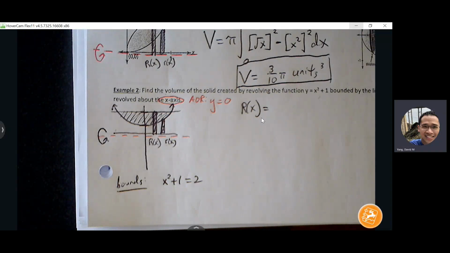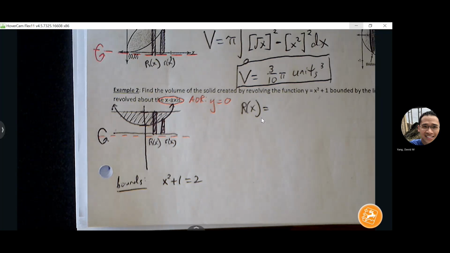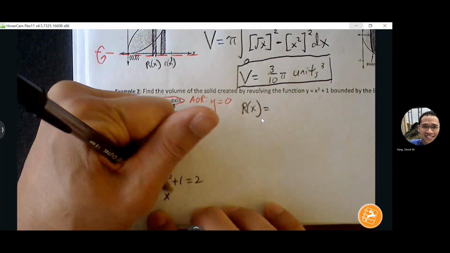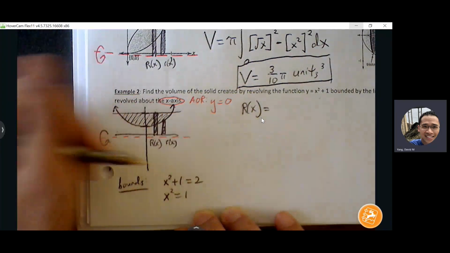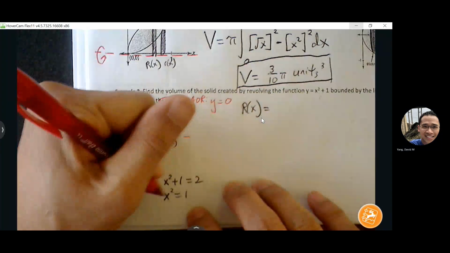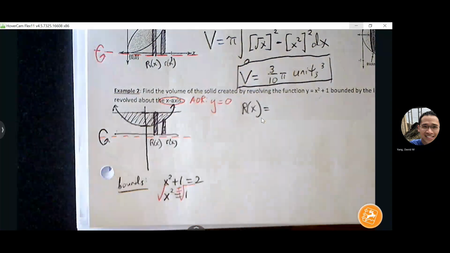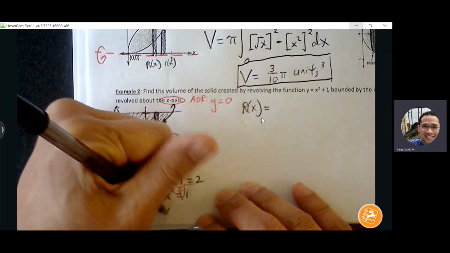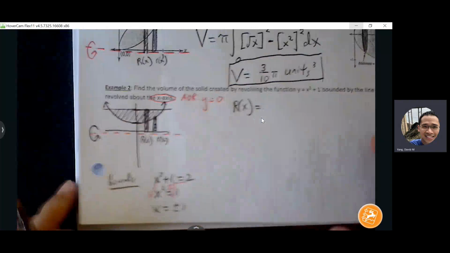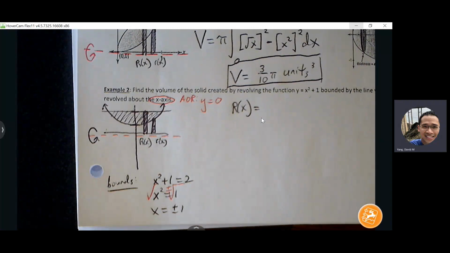So I have y equals x squared plus 1. I have y equals 2. I'll set them equal to each other. Subtract 1 from both sides and then take the square root. So x equals plus or minus 1. Okay, so x equals 1, x equals negative 1. Those are my two bounds.